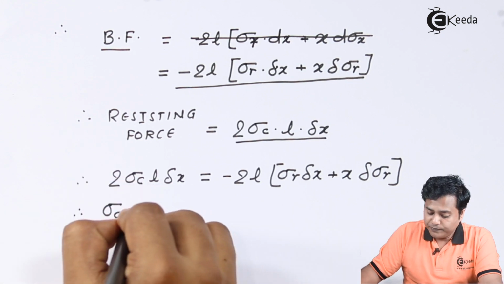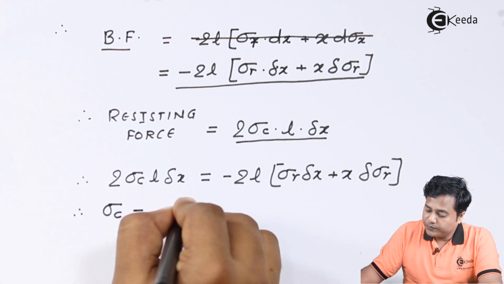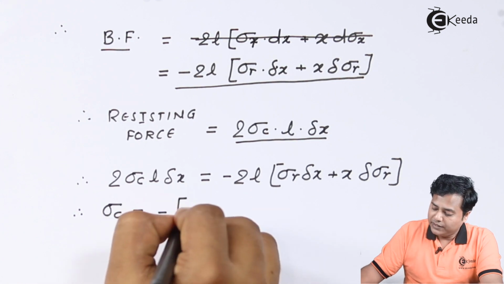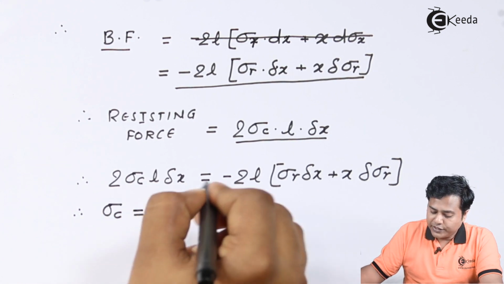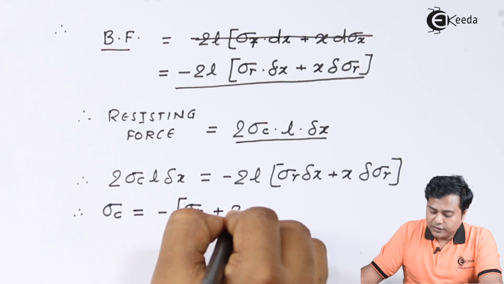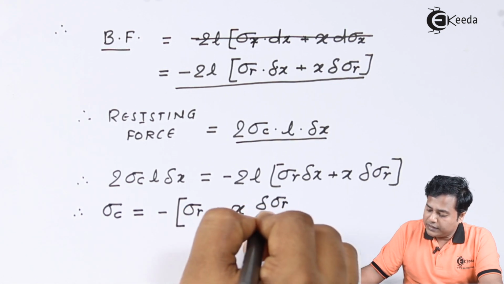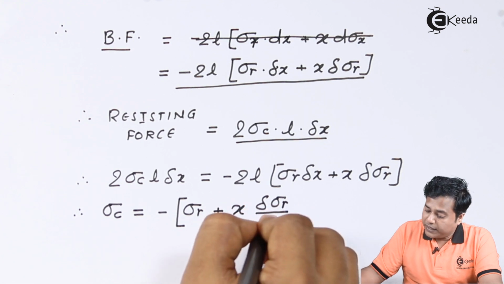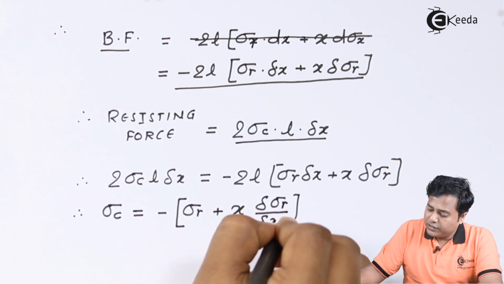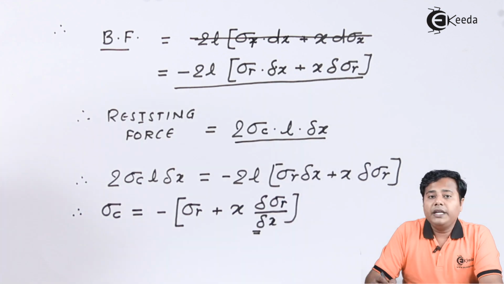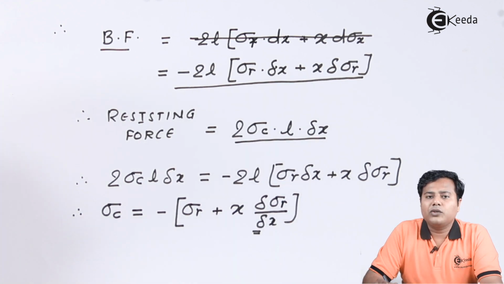Circumferential stress is equal to minus the radial stress, plus x into delta radial sigma divided by delta x. So this term is nothing but the variation of radial stress across the variation in the radius.